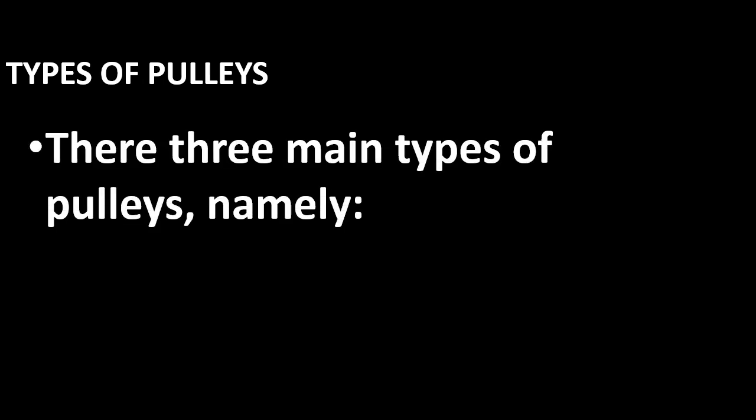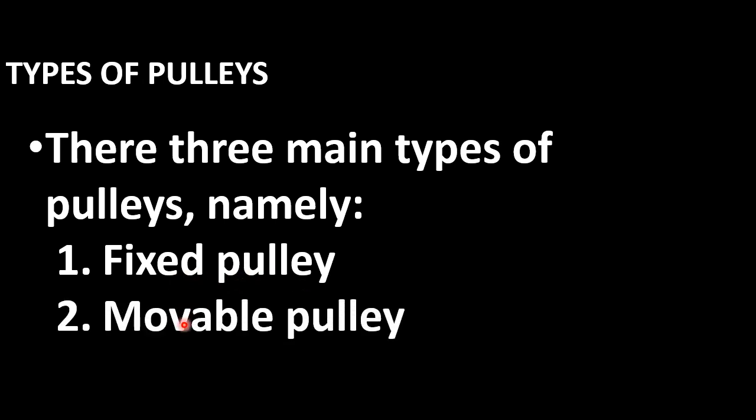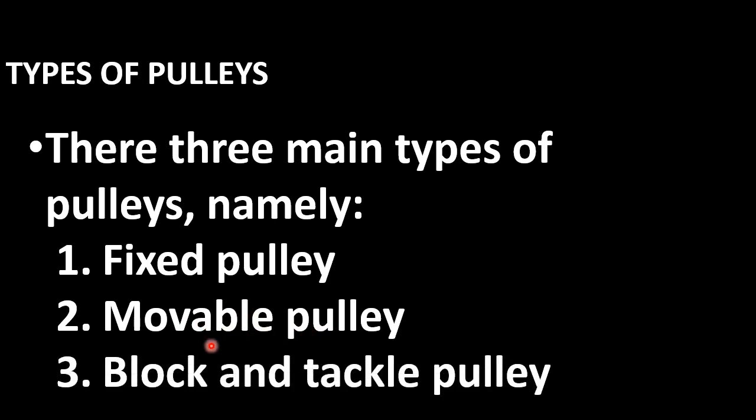We have basically three types of pulleys. Basically, there could be others, but the main ones are three of them. These pulleys are called fixed pulley, movable pulley, and the third type is called block and tackle pulley.